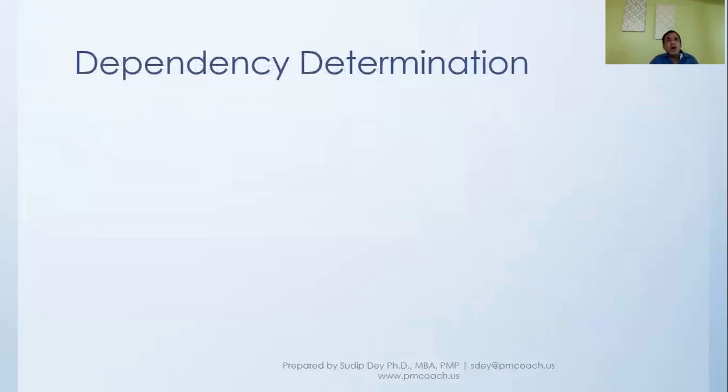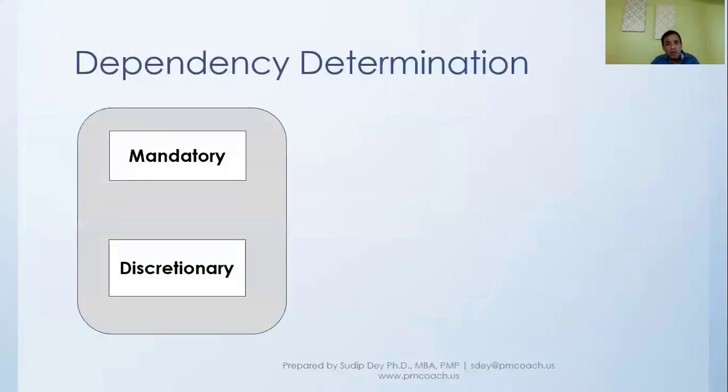We also need to think about the different types of dependencies. Where do these dependencies emanate from? There are two types of dependencies in terms of mandatory and discretionary. Mandatory dependencies are those dependencies that you cannot avoid.